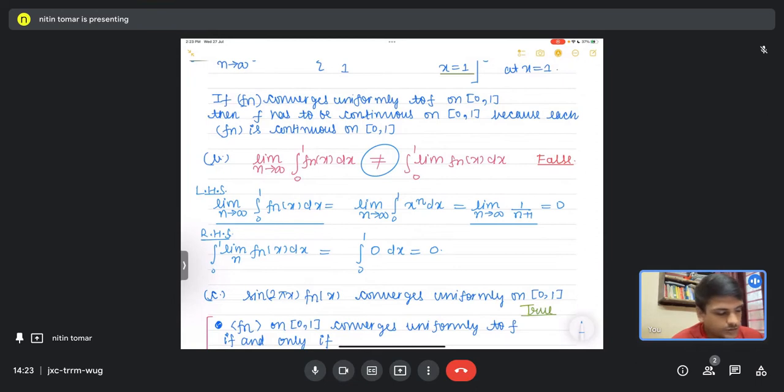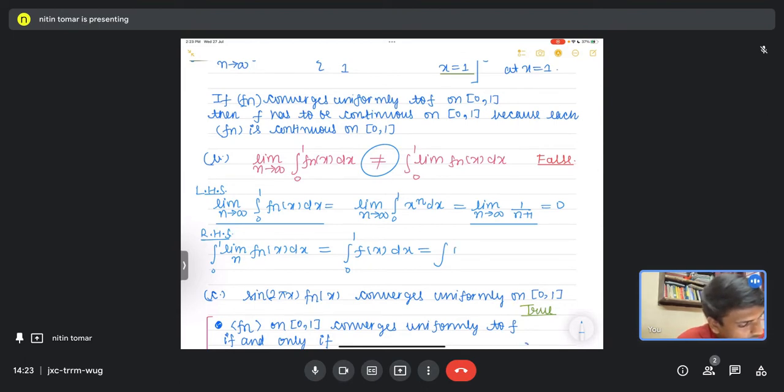So the left hand side is 0. And on the RHS, this is nothing but the integral from 0 to 1 of f(x) dx. So f is 0 except for the point x equal to 1. But the Riemann integration does not change when you change the values at finitely many points.